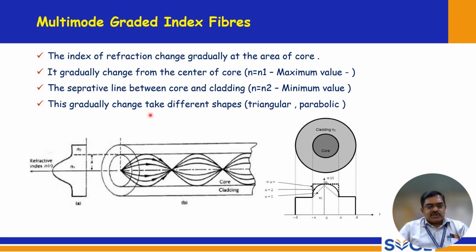The gradual change takes different shapes, triangular or parabolic. Here the parabolic shape is taking place while transferring data. This is the core, this is the cladding, and this is N1 and N2.